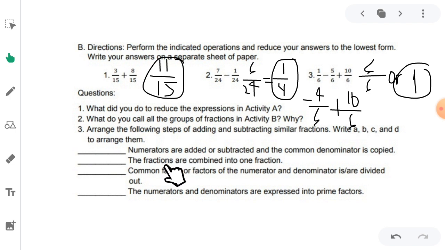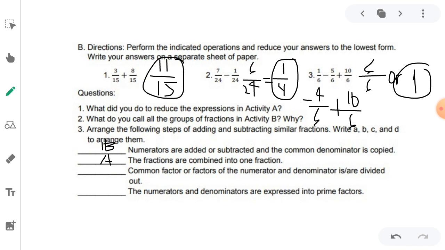We need to combine into one fraction. So, let's combine them first. So, the letter A is the second one. So what is the next step? After combining them into one fraction, the numerators are added or subtracted and the common denominator is copied. So, this is our next.